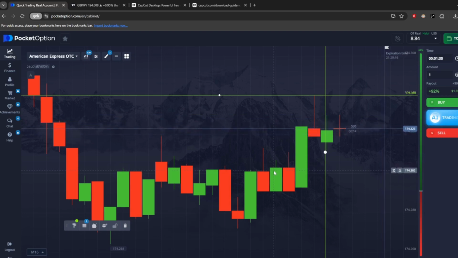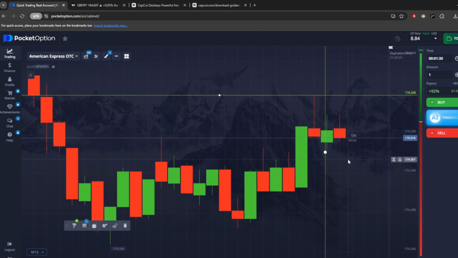So next thing we're gonna do is look for price to close above that horizontal line that was marked above. Do you understand? All right, so we're in candle number two.